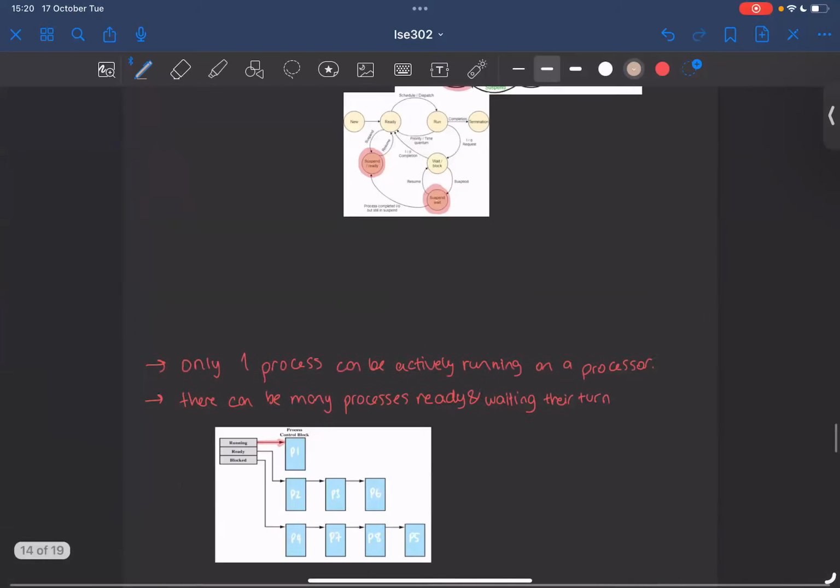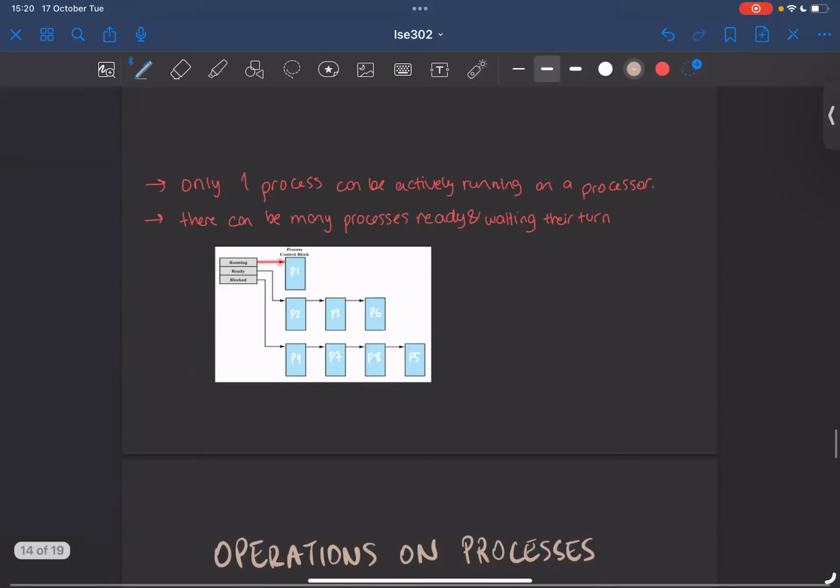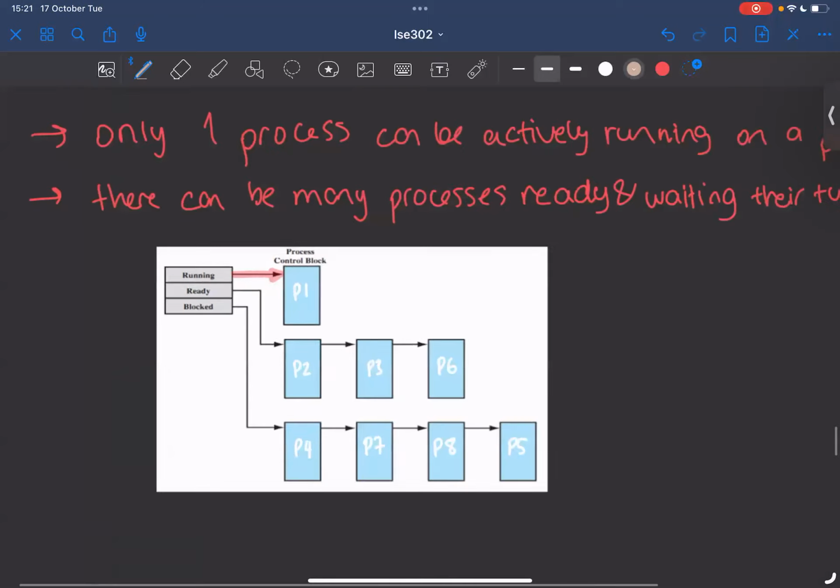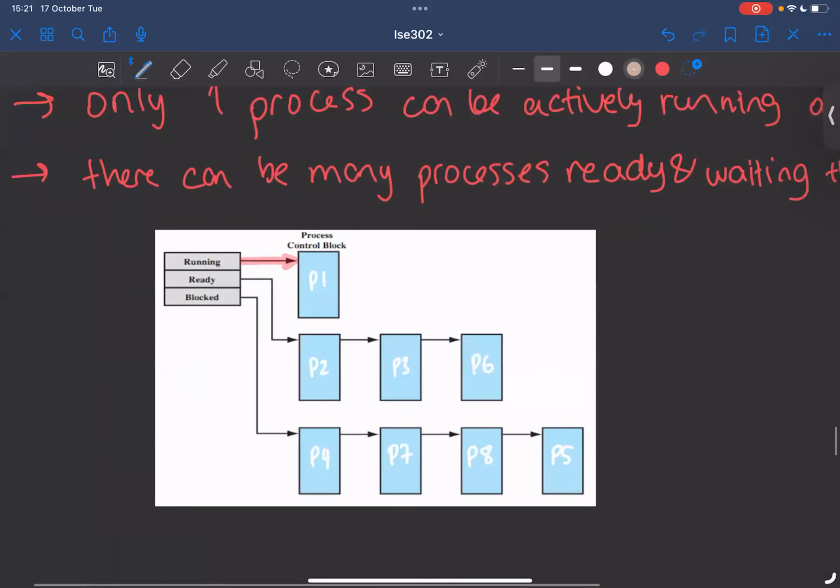So also remember that at any given moment, only one process can be actively running on a processor. However, there can be many processes ready and waiting their turn, okay? So we see only one process in a running state. And we also see many processes in ready and blocked states.